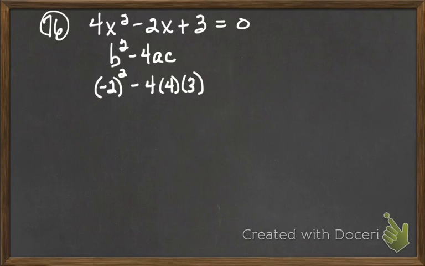So -2 squared is 4. Bring down the minus. 4 times 4 times 3 is 48. 4 minus 48 is -44. So -44 is the discriminant.